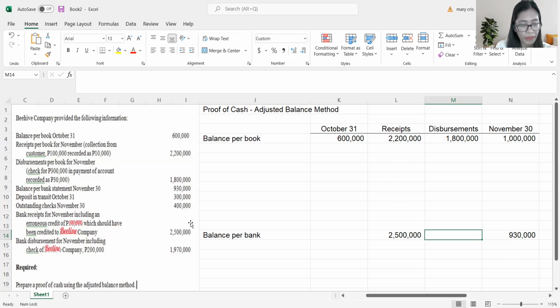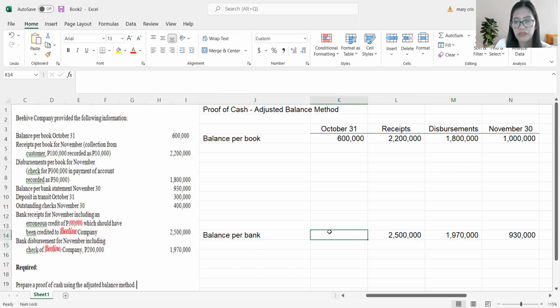Next would be the bank disbursements. So the amount is 1,970,000. Take note, there is an information that this 1,970,000 includes a check of B-line company. So another bank error in the amount of 200,000, which we will deal with later.